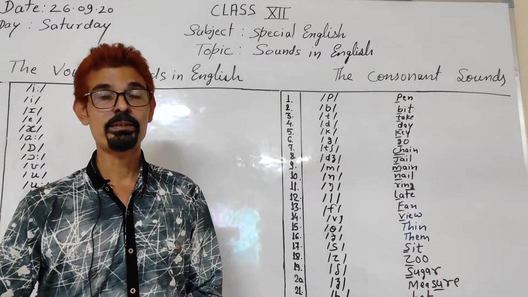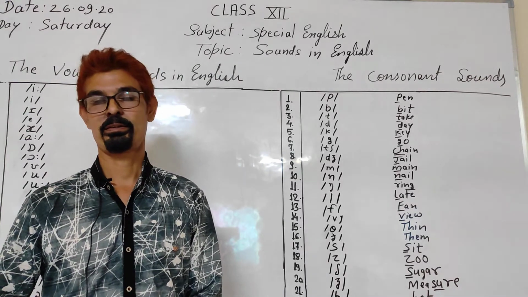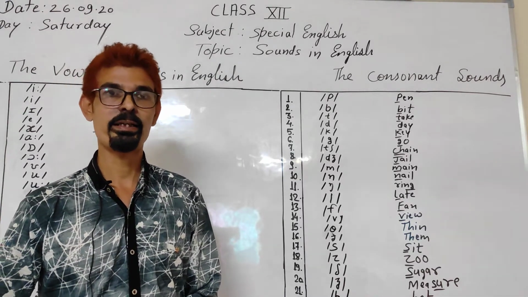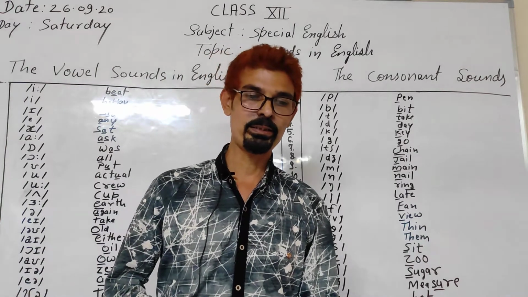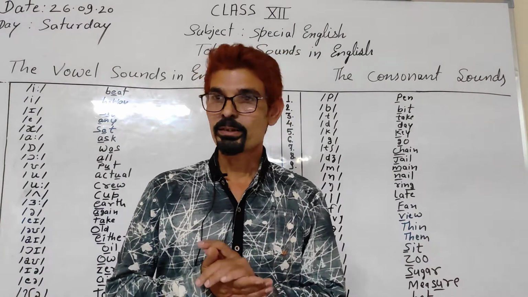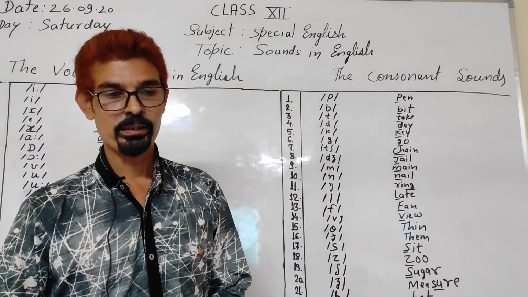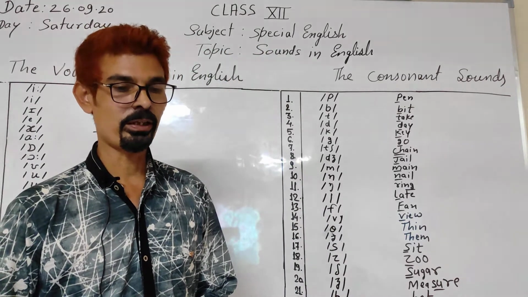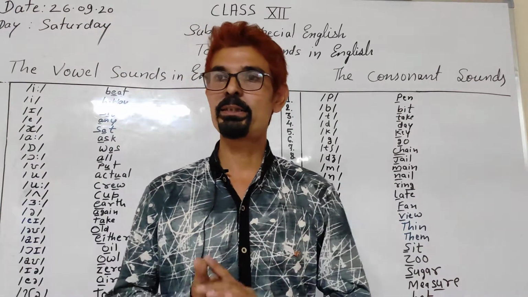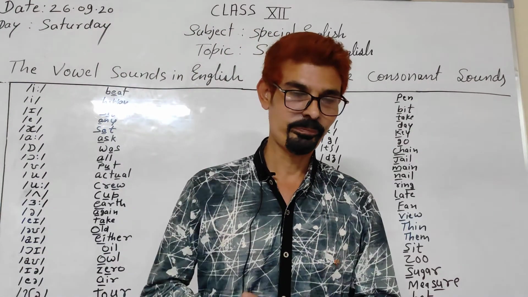Phonetics is a branch of linguistics. Linguistics means the study of language. Phonetics is a branch of linguistics that focuses on the production and classification of the world's speech sounds.